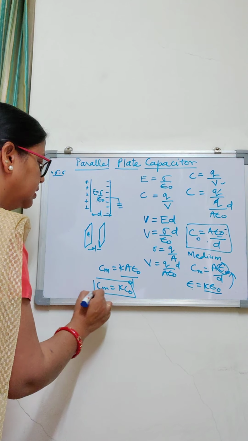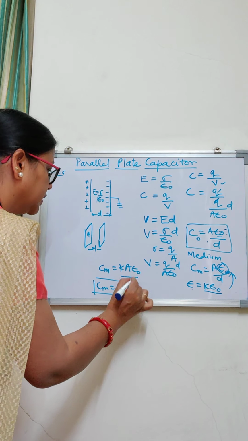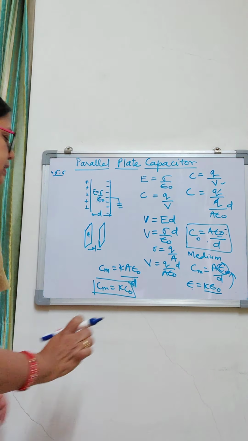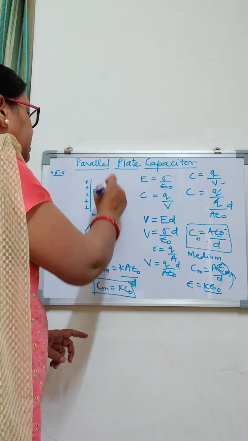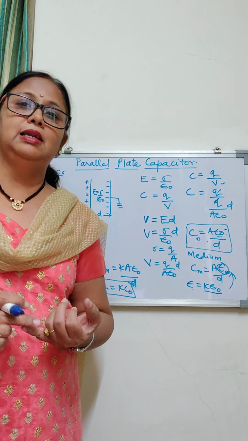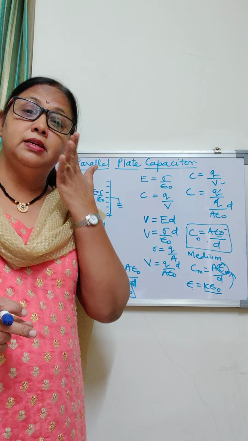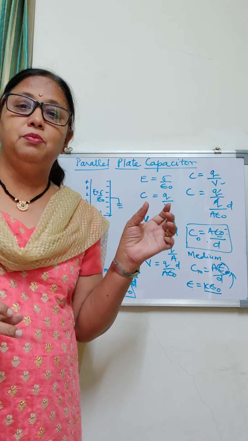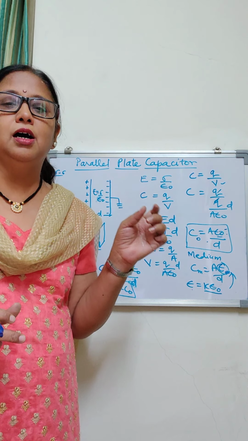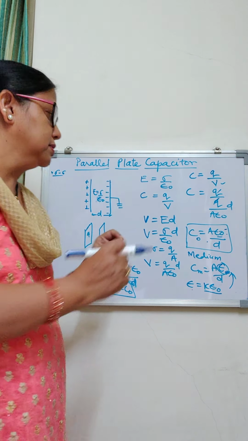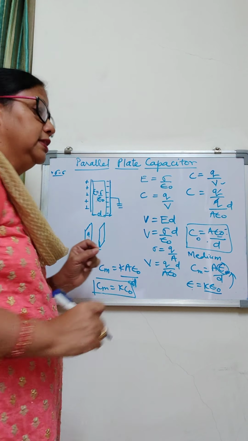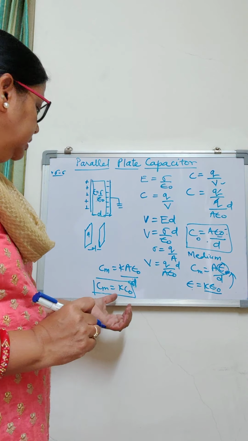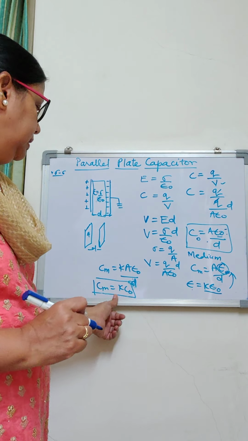So this is the final conclusion: if I insert any medium, which may be an electrolyte or a dielectric medium, for example mica or paper, that will cause an increase in the capacitance K times.